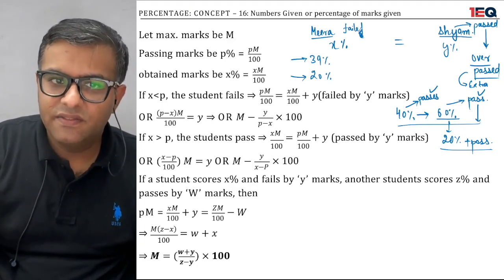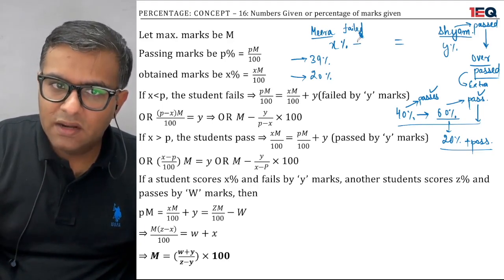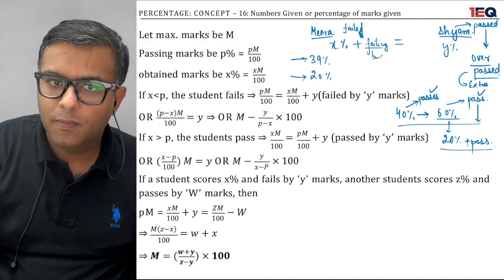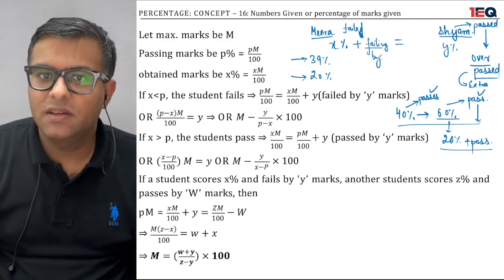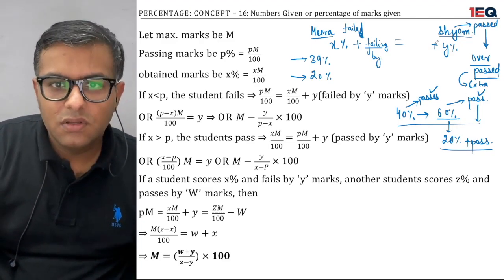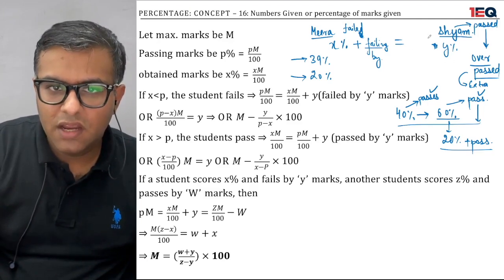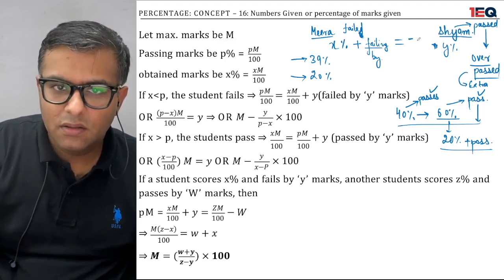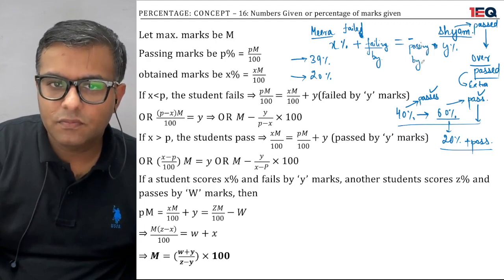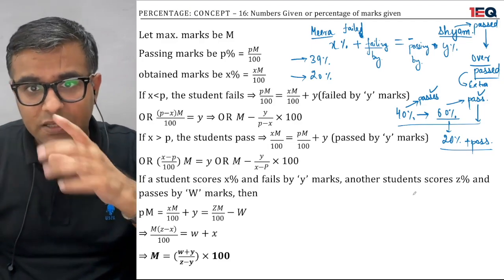So if Meera is failing, I have to add the marks by which she is failing. If Shyam is passing, I have to subtract the marks by which he is passing.